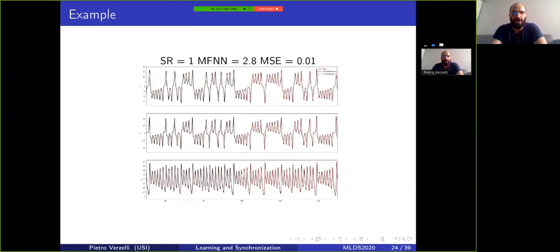And we see that in this case, the MFNN is relatively small, 2.8, and the error, for which we use the mean squared error to account for how good we are doing, is 0.01, which is definitely small. In the top panel, you see the X coordinate, and that's basically what the system always sees.